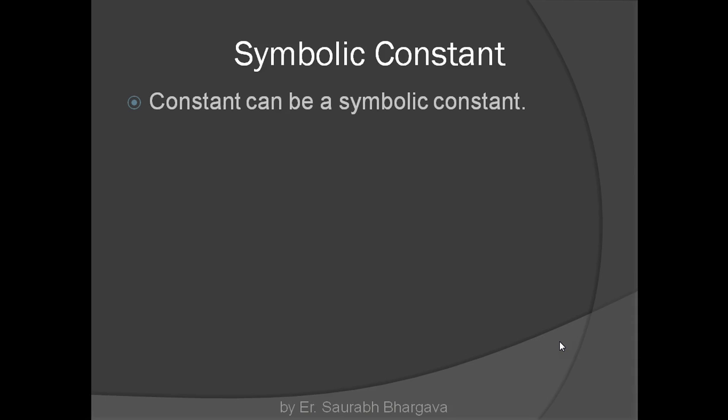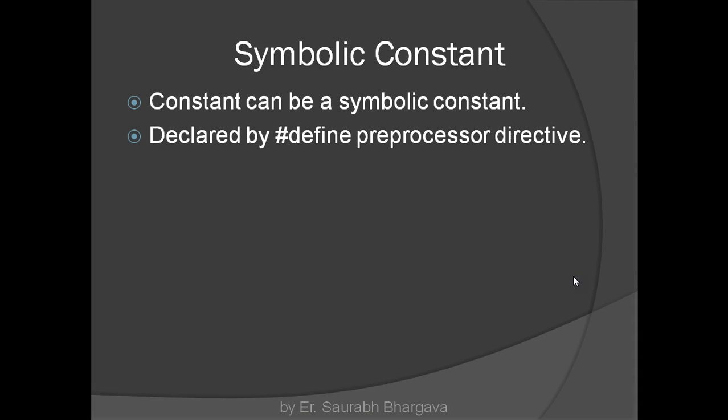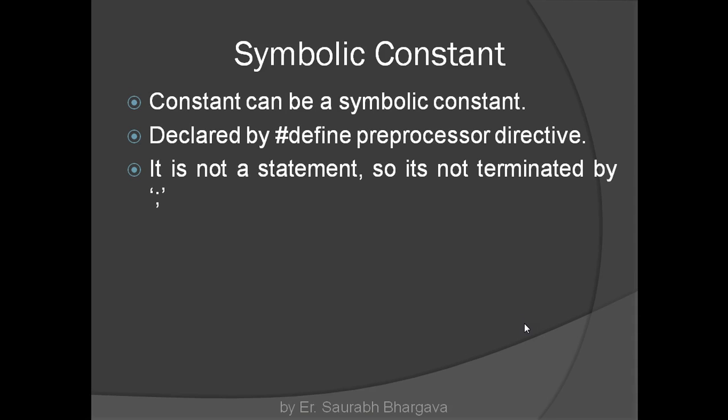Symbolic constant. A constant can be a symbolic constant if it is declared by the hash define preprocessor directive. It is not a statement, so it is not terminated by a semicolon.